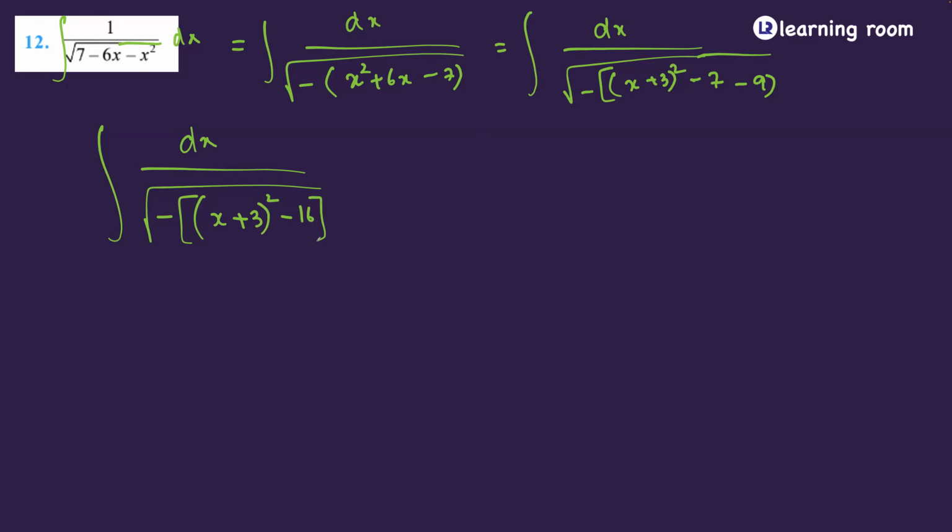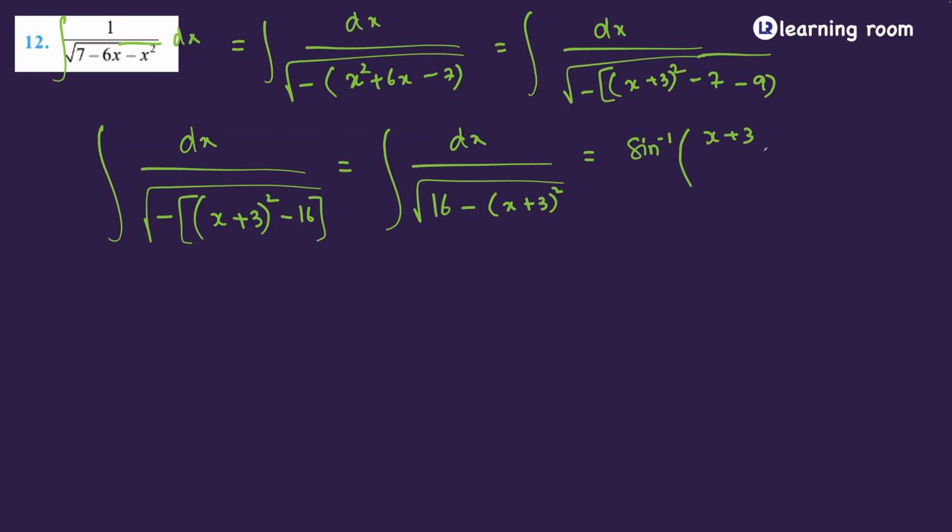Okay. So take the minus inside. This will become integral of dx divided by square root of 16 minus of x plus 3 the whole square, which is of the form 1 by root of a square minus x square, and the formula for 1 by root of a square minus x square is sine inverse of x by a. So the answer should be sine inverse of, in the place of x you have x plus 3, divided by, in the place of a you have 4, plus c.